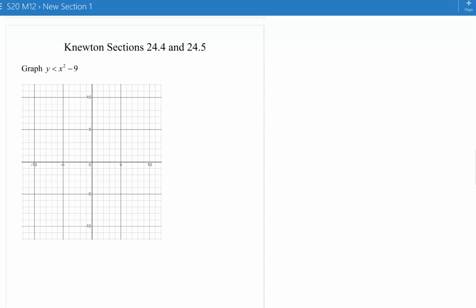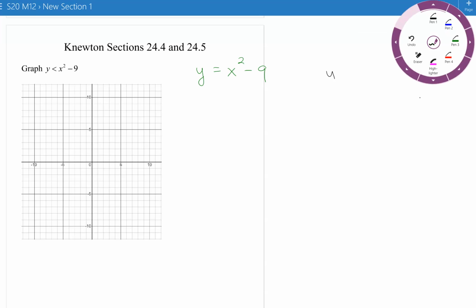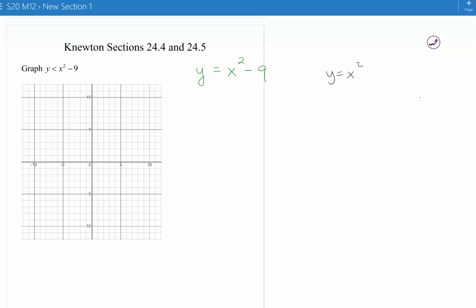Okay, then this is another inequality that's nonlinear because we have a squared term. So let's think about what y equals x squared minus 9 looks like. And here's where transformations can be really handy because this is the parent graph y equals x squared, which is your basic function parabola with the vertex at 0, 0.